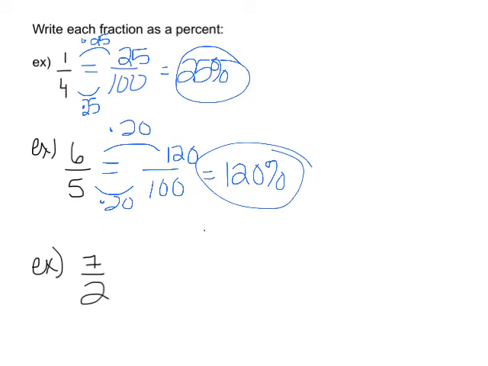For 7 halves, I'm going to multiply by 50 to get to 100. And 7 times 50 is going to give me 350. So my final answer is 350%.